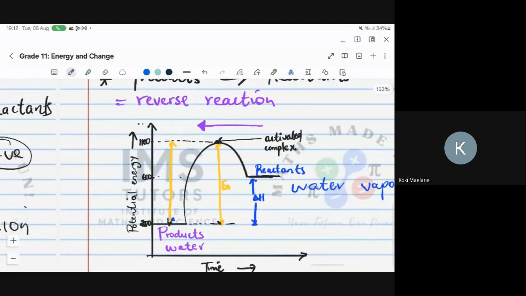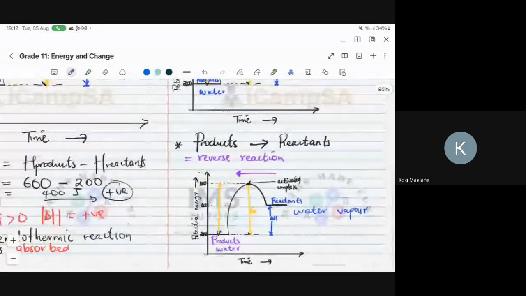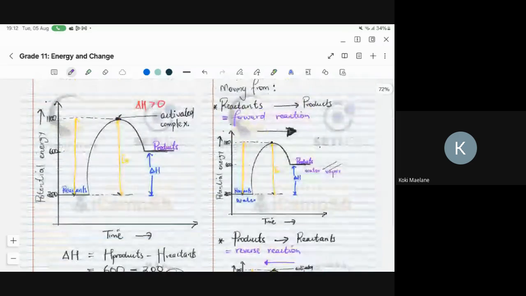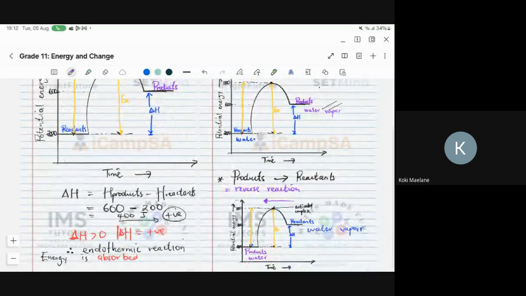And then the heat is lost to form the new product, which is water. So we're just reversing the reaction. It's one of those concepts that you need to know for this particular chapter or section of energy and change. Right, so that's the part I wanted to illustrate as well.